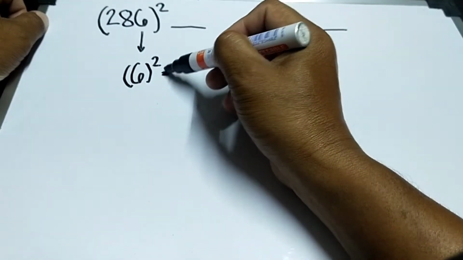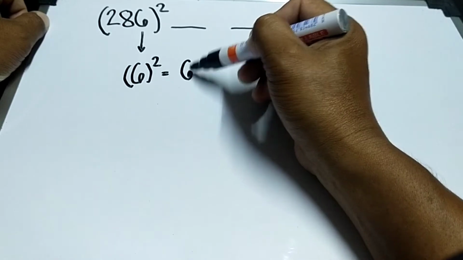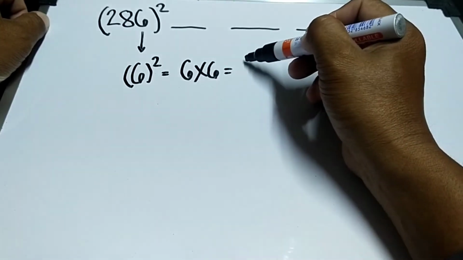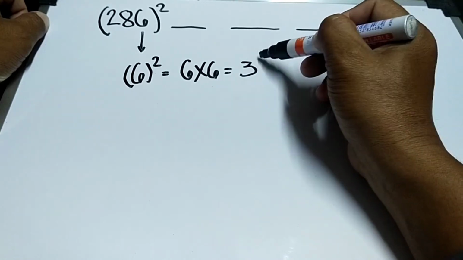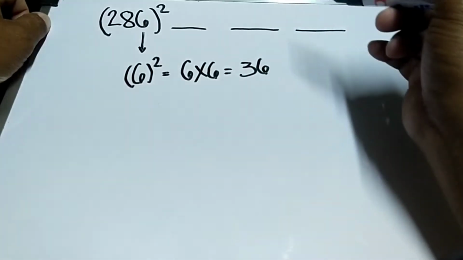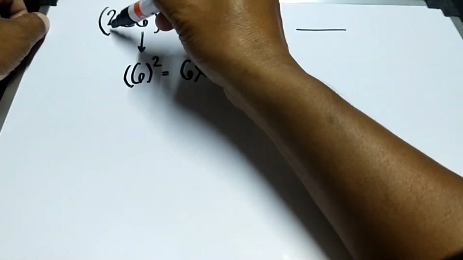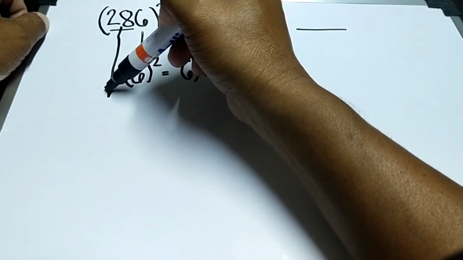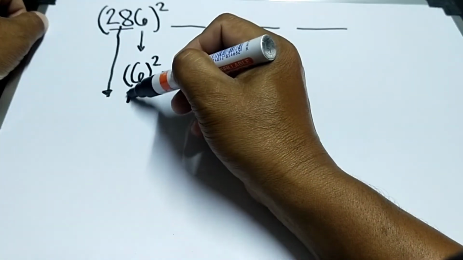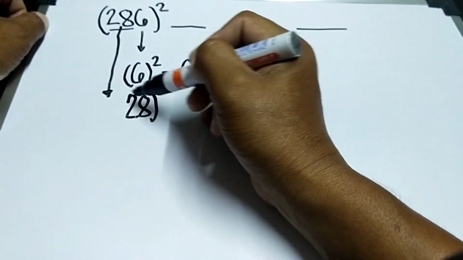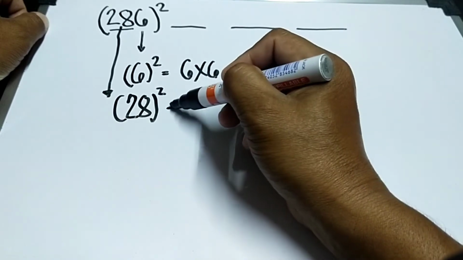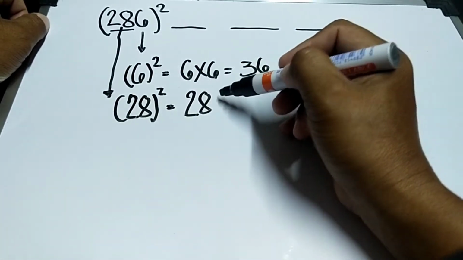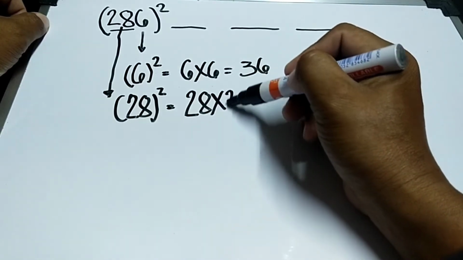Okay, so therefore this is 6 times 6, which is equals to 36. Okay, and then square also this 2-digit 28 squared. Okay, so therefore this is equals to 28 times 28.